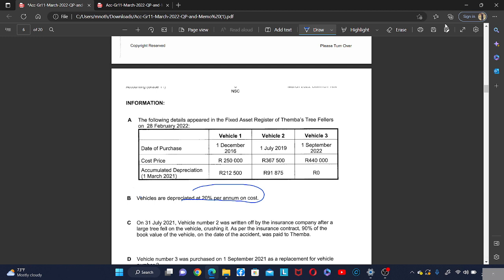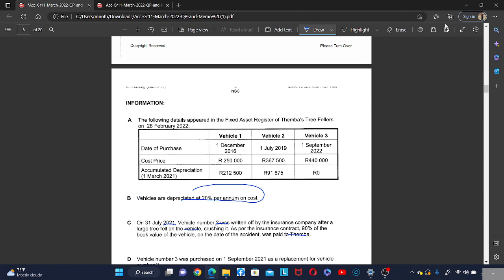On 31 July 2021, vehicle number 2 was written off by the insurance company after a large tree fell on the vehicle, crushing it. As per the contract, 90% of the book value of the vehicle on the date of the accident was paid to Timber.